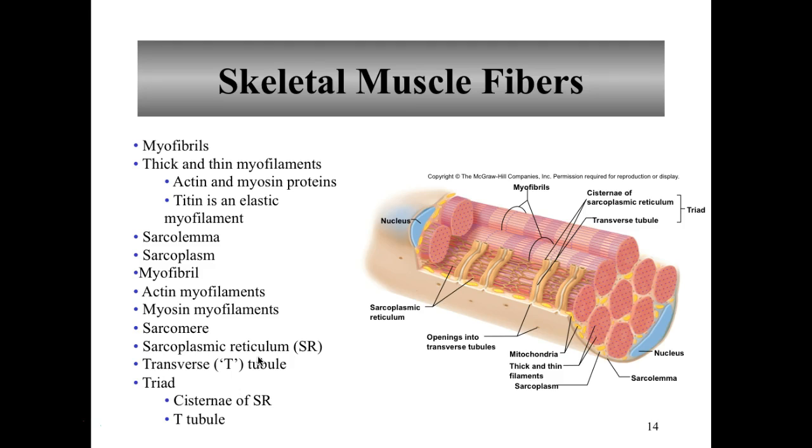Each transverse tubule runs between two large portions of the sarcoplasmic reticulum. And when you have the transverse tubules running between the sarcoplasmic reticulum, you get this thing called the cisternae. And you could see that right here, the cisternae of the sarcoplasmic reticulum.